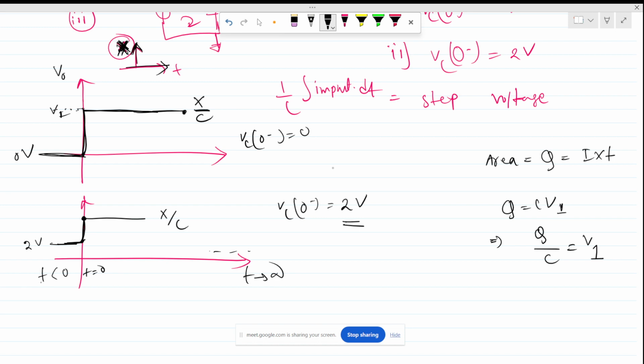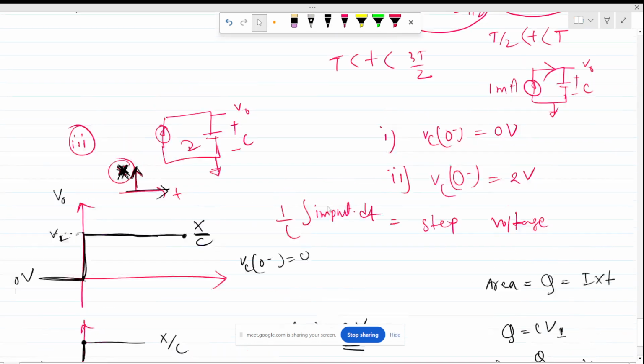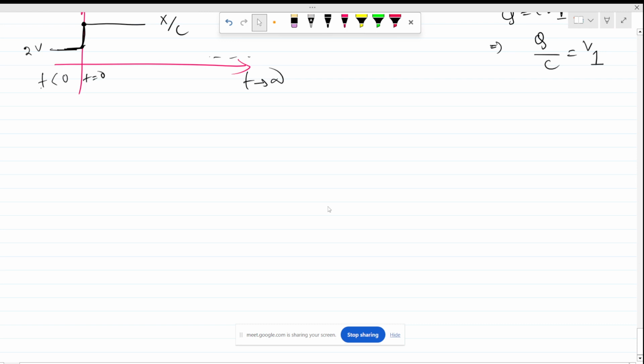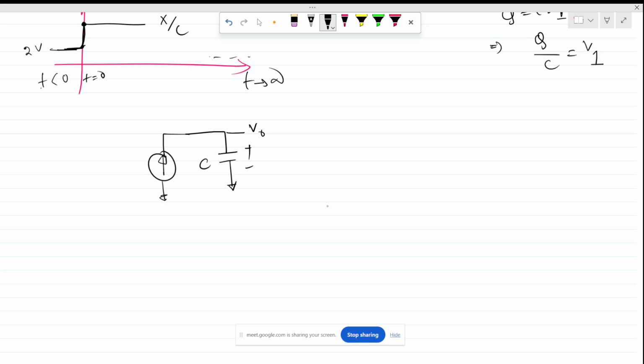Now another case. I haven't seen people analyzing with a ramp current input, so let's do it in this session. Now what is the indication of a ramp?